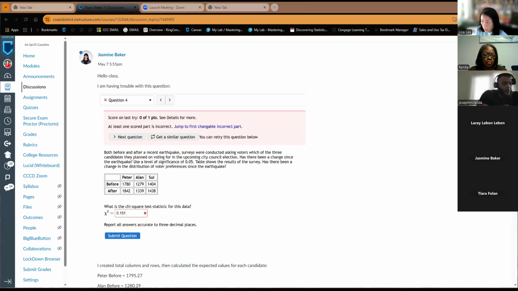First number I will type in 1780 and move to the right side, hit enter, always hit enter like a computer. Then move to the right is 1279 and hit enter again and move to the right. Under Sue, we put the 1404, then hit enter.